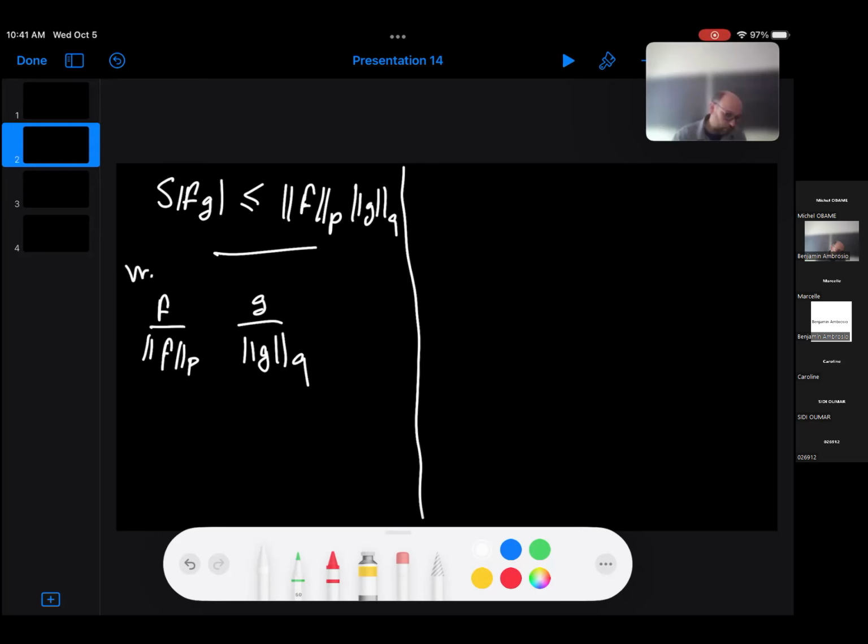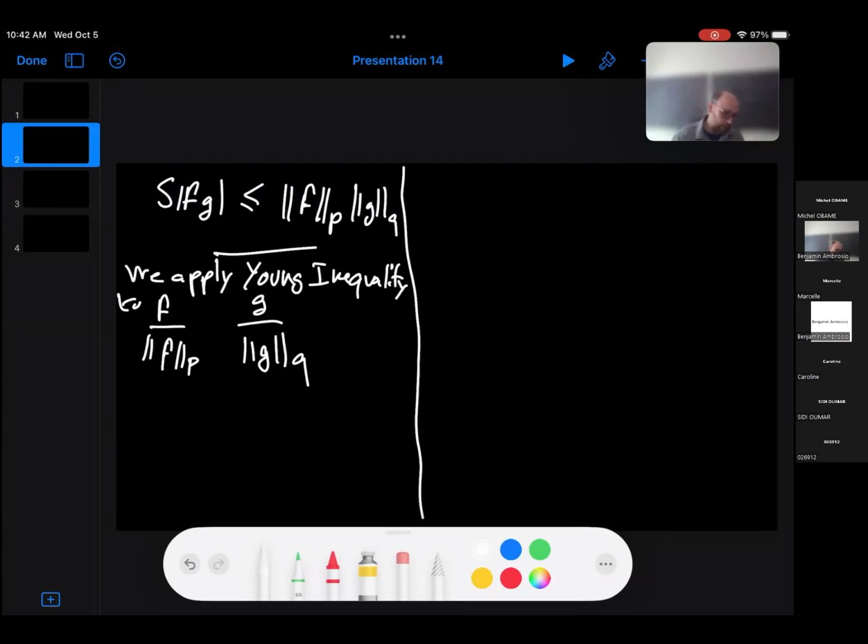So we apply Young inequality. So what do I obtain?